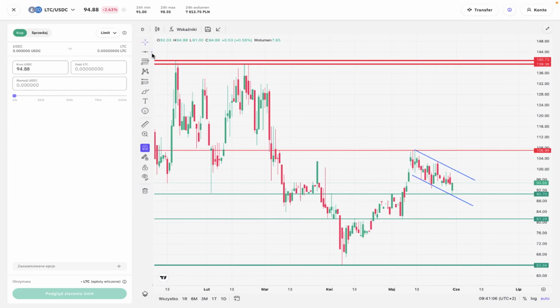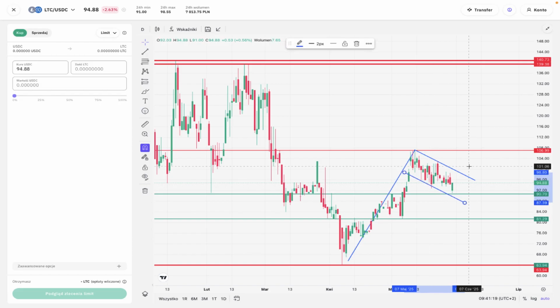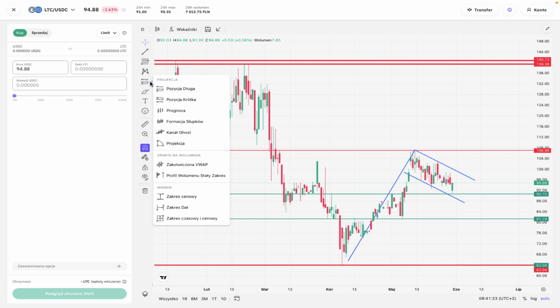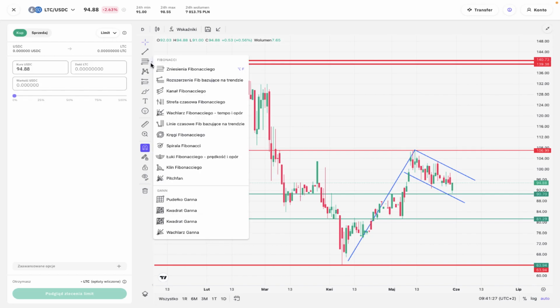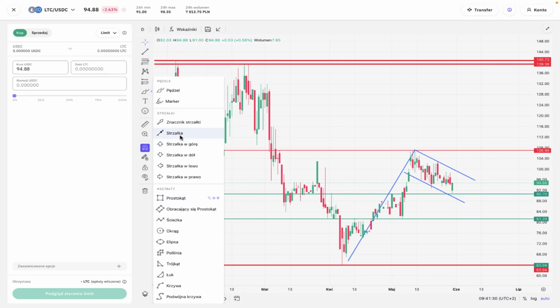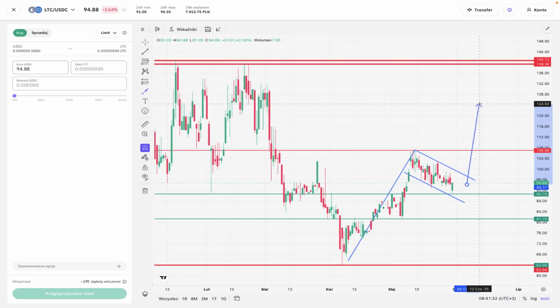If we agree that this is some sort of pole, where's my trend line? Yes, there you go. This is some kind of a pole of the bullish flag pattern, for example, like this. Then obviously the breakout should be made to the upside. So let me just take my arrow so I can show you guys where the breakout should be. The arrow is this, so the breakout should be somewhere here.